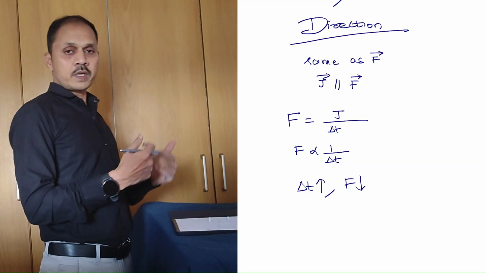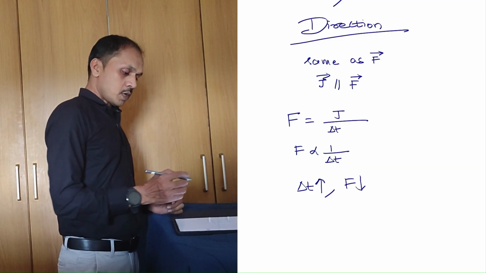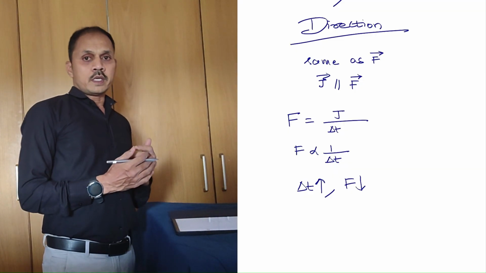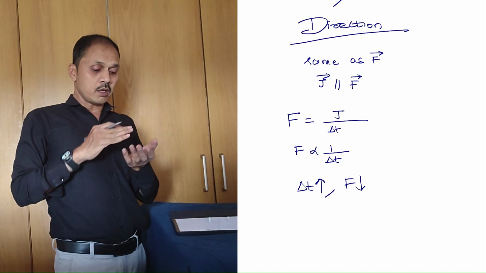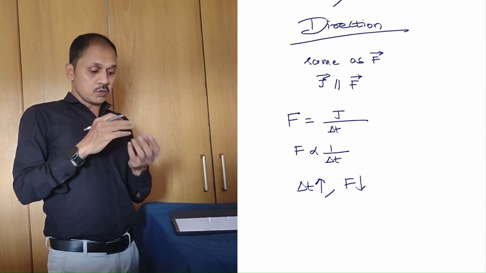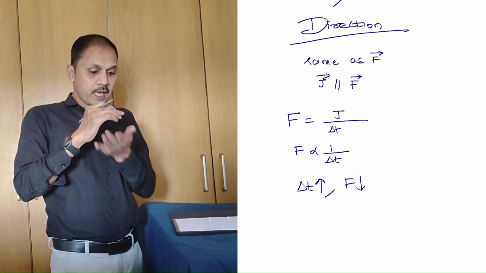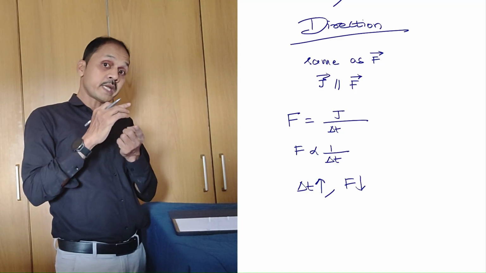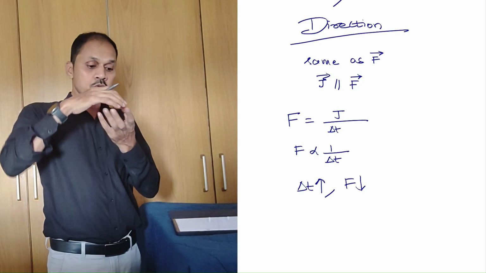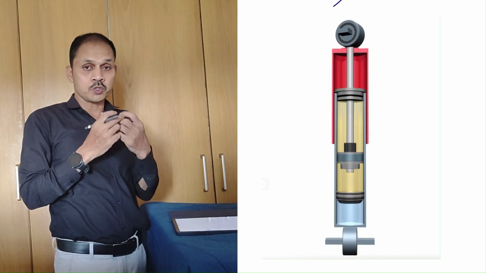The same thing applies for anything when you are using this. For example, the shock absorber in a vehicle. When the vehicle falls in a pothole or on a speed breaker, a force is applied on the vehicle. The change in momentum is always the same, but the time of contact is increased due to the compression of the spring or some fluids used in the shock absorber.